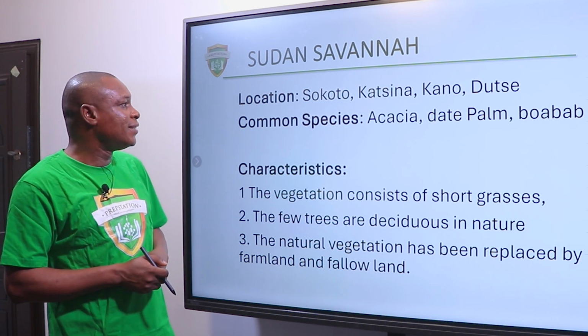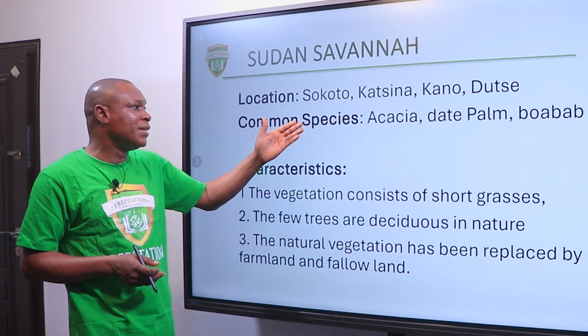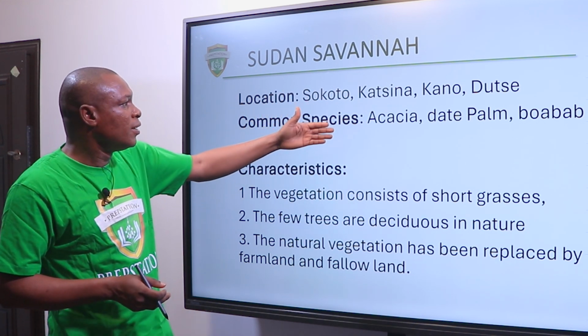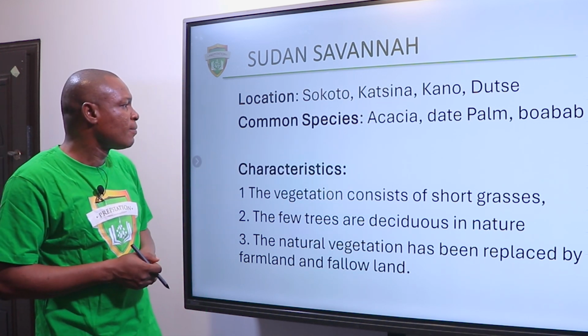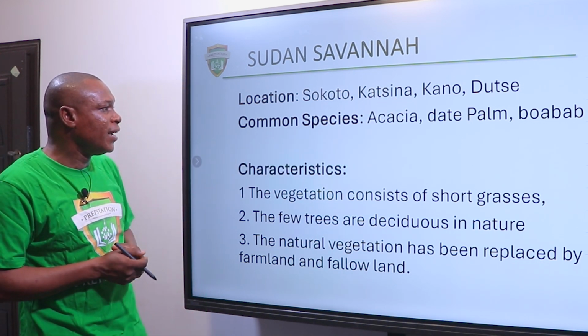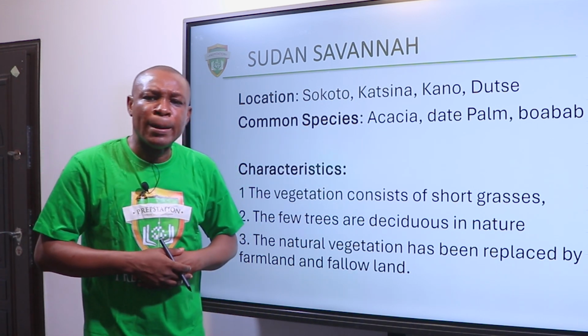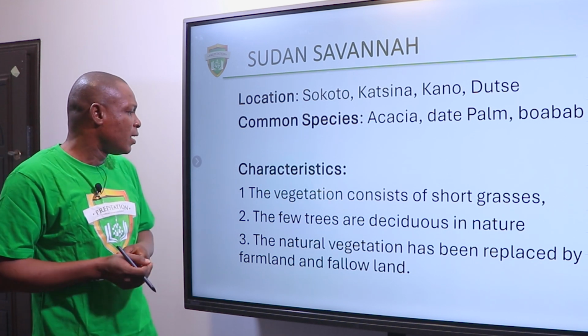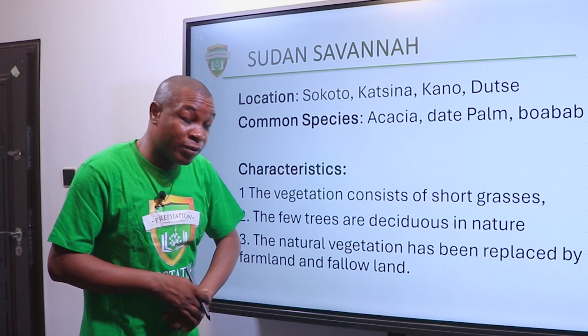The Sudan Savanna. The Sudan Savanna is found in places like Sokoto, Katsina, Kano, and Dutse. The common species found here are acacia, date palm, and baobab tree. Characteristics: the vegetation consists of short grasses.